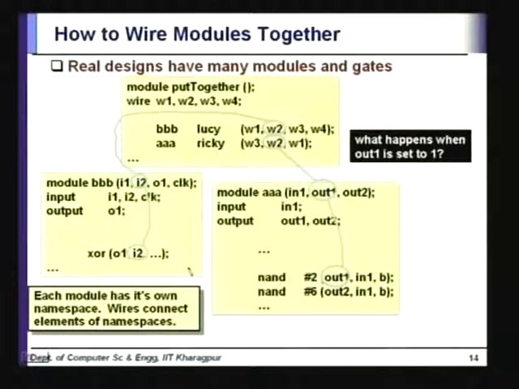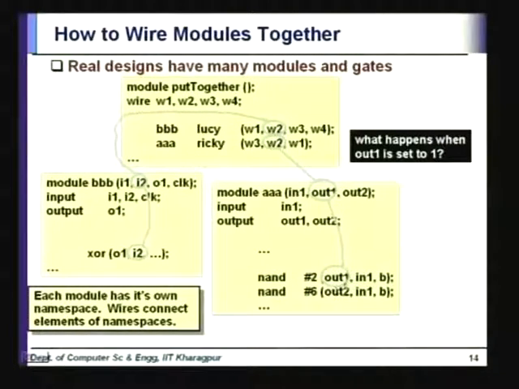Now, what happens when out is set to 1? Who is setting out to 1? There is only one driver for every signal. You cannot have more than one driver for a signal, unless of course there are tri-state buffers in between. So, the one driving the signal is out 1, this NAND gate.